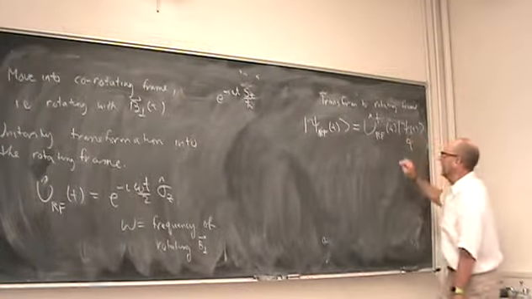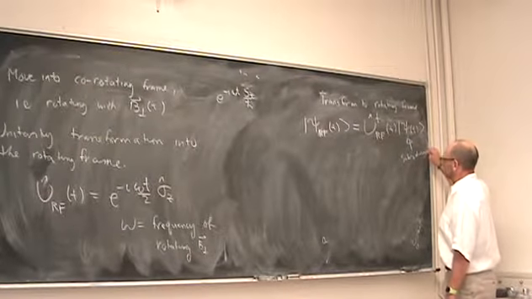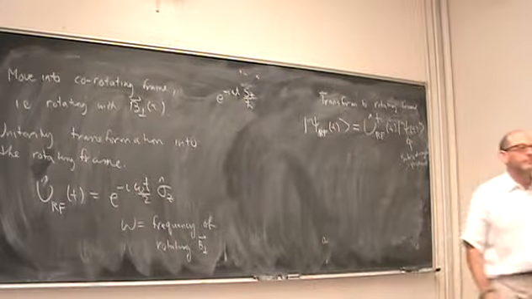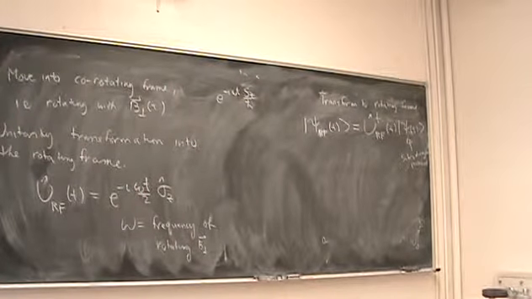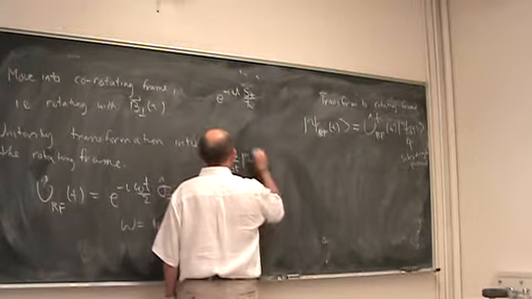So this is my state in the Schrodinger picture. I want to know how this state evolves as a function of time.